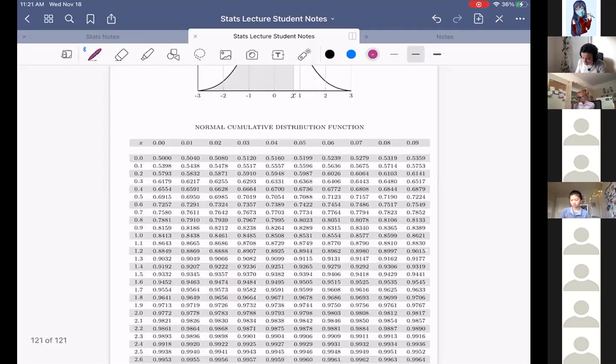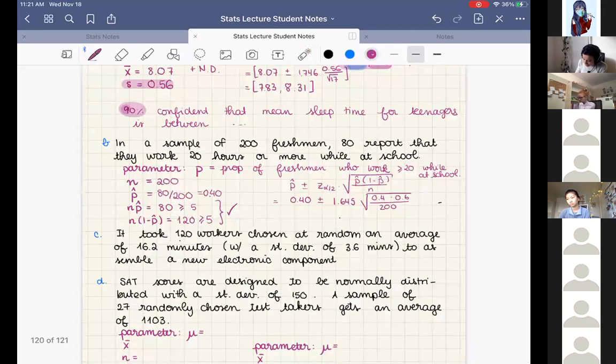Again, all that we had to do in this case was find the value that corresponded to 95% in our table and then look at the corresponding margins, which was 1.6 and then exactly in between 4 and 5. So it would have been 1.645. Okay. And from here, you would have gotten the interval 0.34 to 0.46.